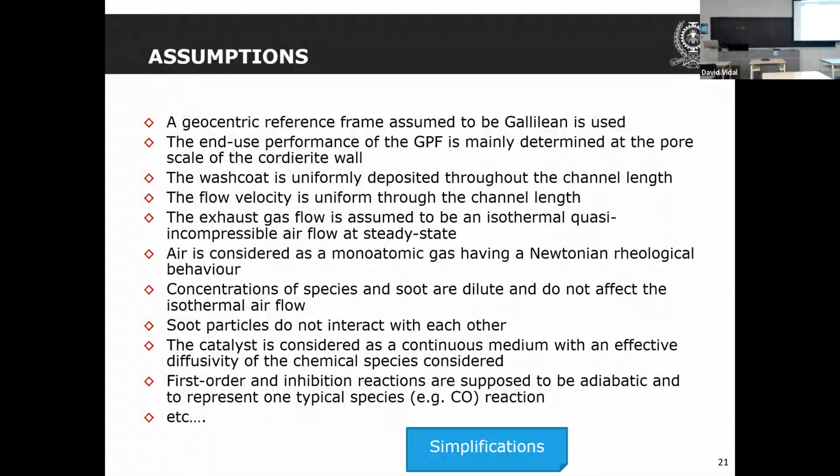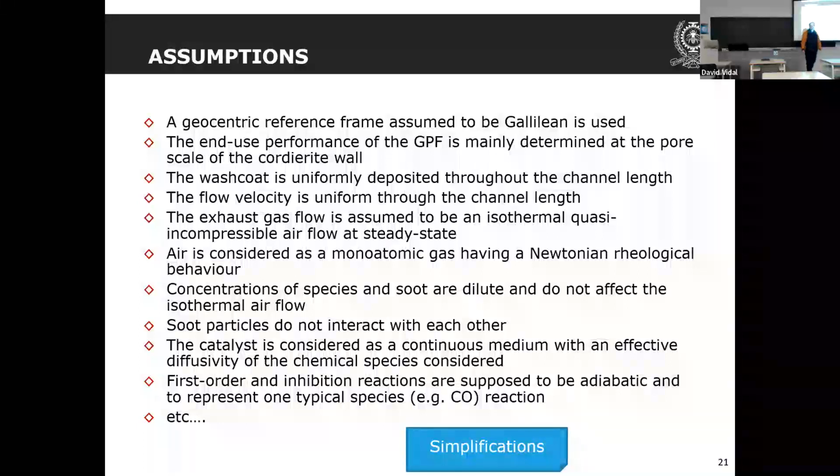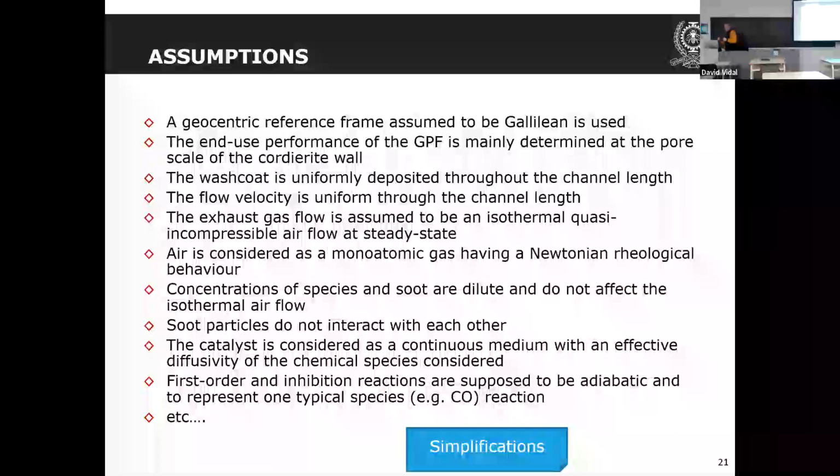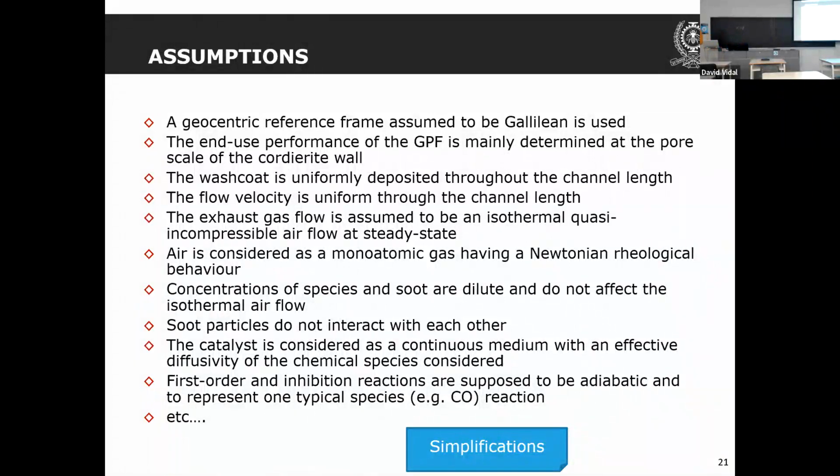Actually, most of the simplifications I wrote after building the model. I said, okay, the model we built basically assumes that the soot particles are quite dilute, so they are not interacting with each other. So you have all kinds of simplifications that you really need to state. Normally you should start from those when you build your model.